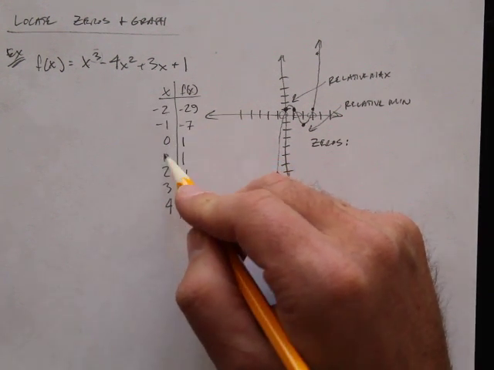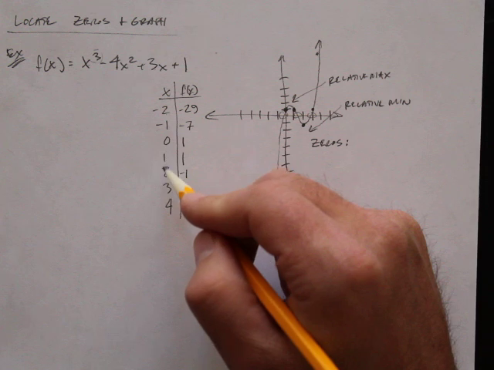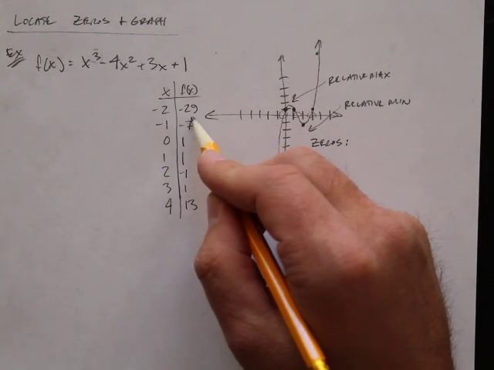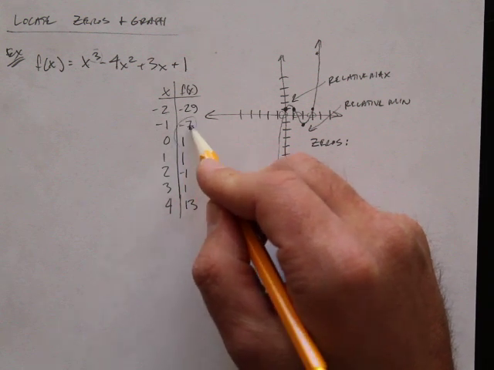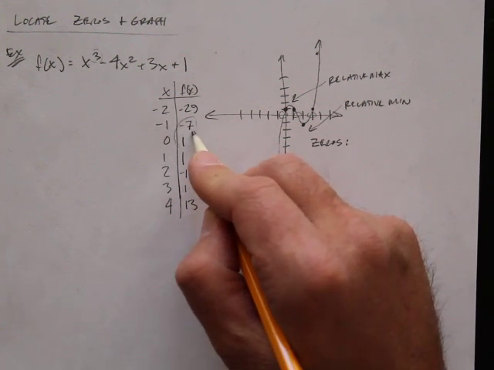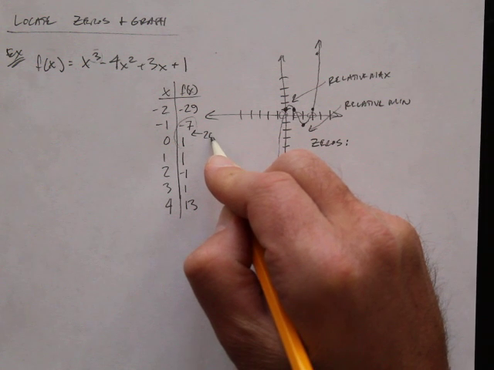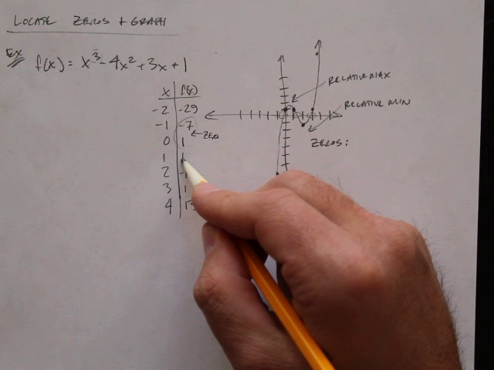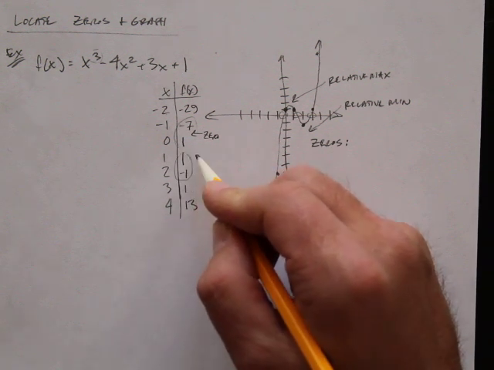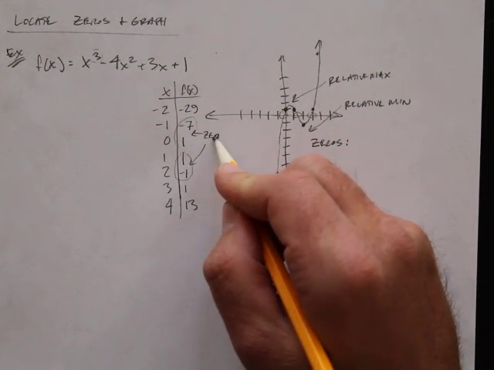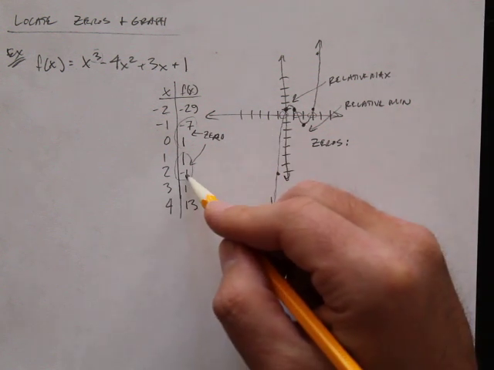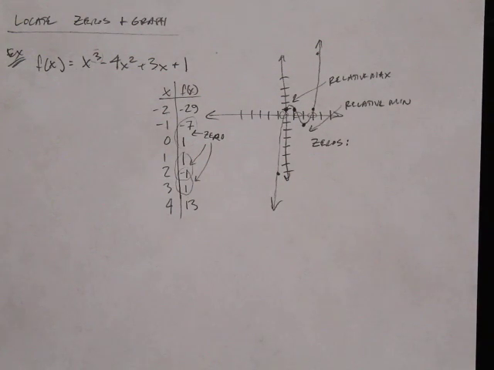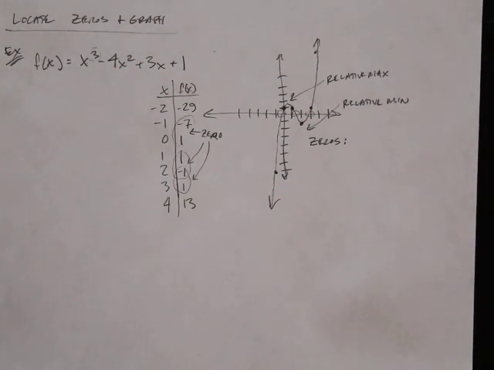When we look from left to right, we can see right here it goes from negative to positive, so we know there's a zero here. And from positive to -1, so we know there's a zero here. And from -1 to +1, there's another zero there.